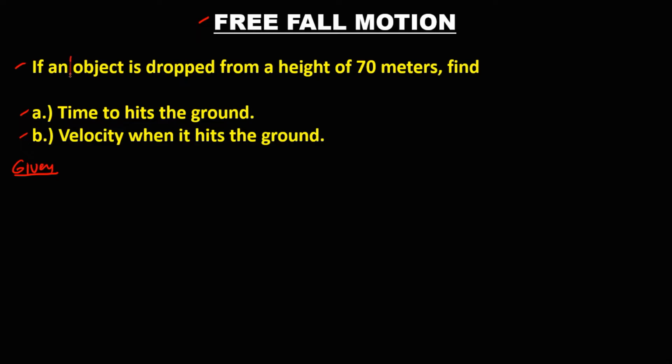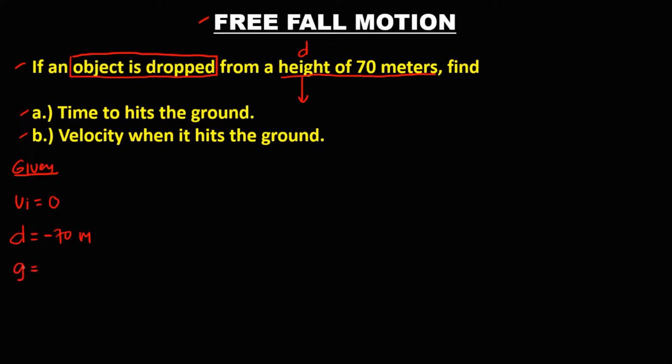Since an object is dropped, the initial velocity is equal to 0, and from a height of 70 meters, this is the displacement. Since an object is dropped, the displacement is going down, so therefore d equals negative 70 meters.